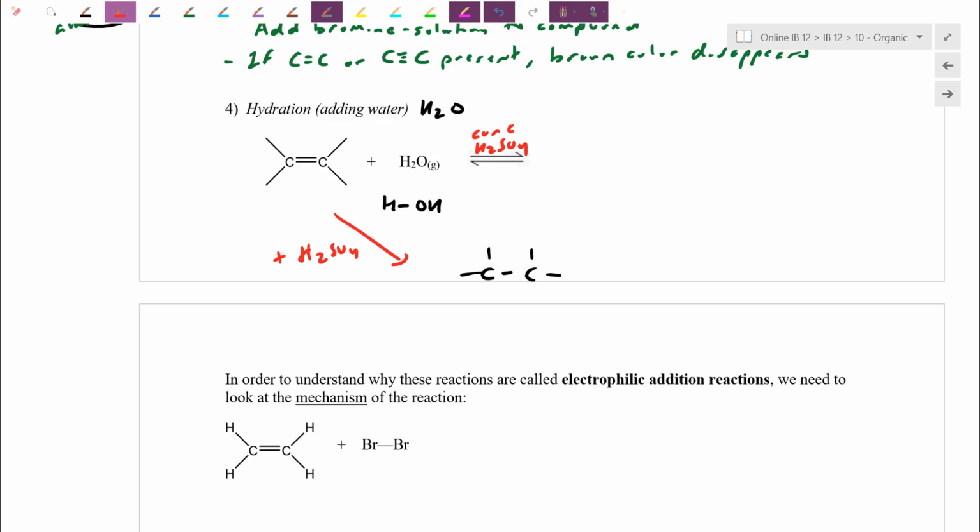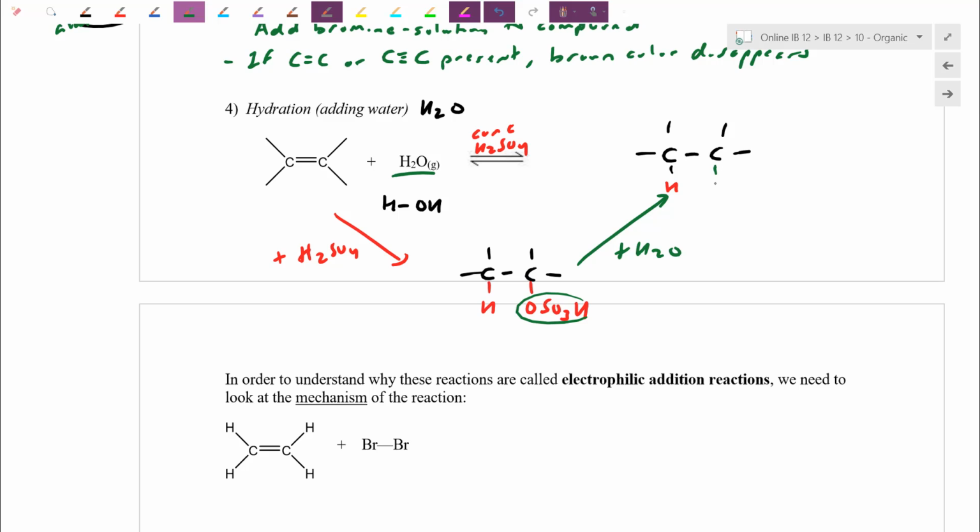We're going to have our sulfuric acid, with one of the H's on one side and the rest of the sulfuric acid on the other side. Then as you add water, as you have your hydration, water is the chemical you're adding. Water takes the place of the sulfate, and what we would have expected earlier was that we would still have the H. Actually, that H was sulfuric acid's H, but what ends up happening is we get an OH, and the water gives the H back to sulfuric acid.